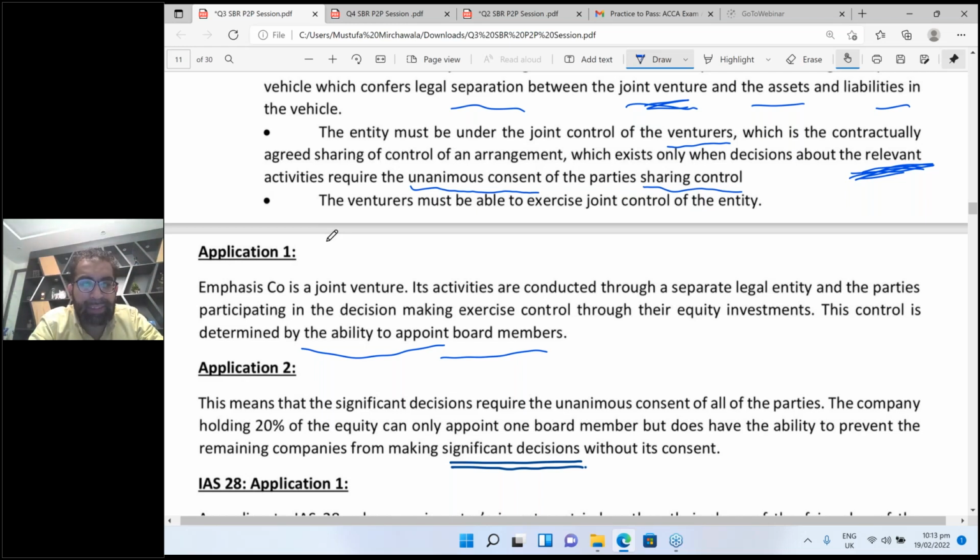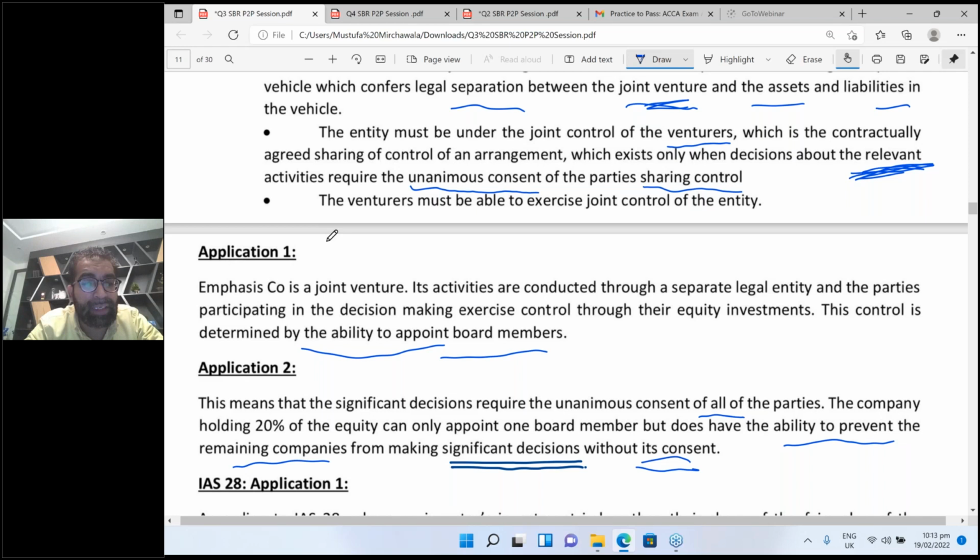This means that the significant decisions require the unanimous consent of all of the parties, including that 20% party. The company holding 20% of the equity can only appoint one board member, but does have the ability to prevent the remaining companies from making significant decisions without its consent.